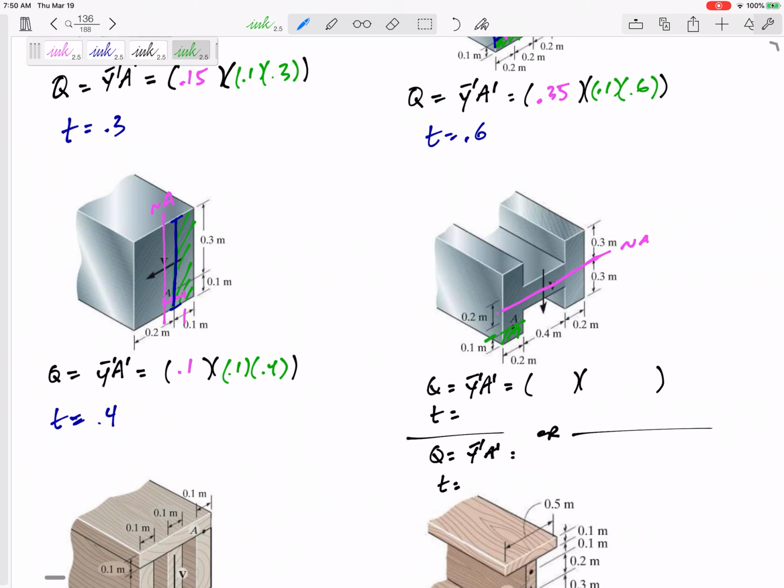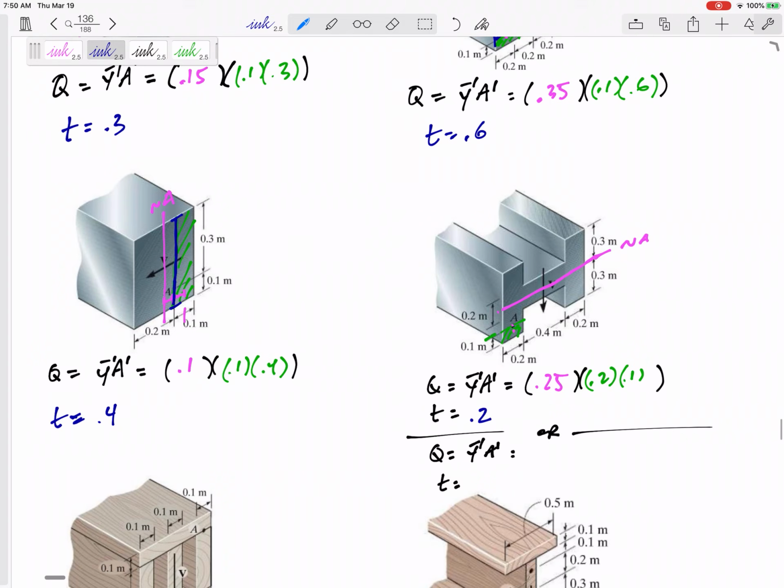So if I just look at one, it's 0.2 by 0.1, and then the Y bar prime, I would need to go not just to A, but to the centroid past A. That's 0.25. All right, and if I'm just looking at one, I would only have one area, and my thickness T would be 0.2. My other option is to cut this all the way here.